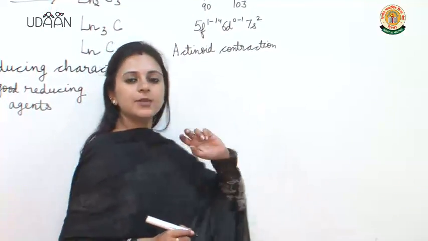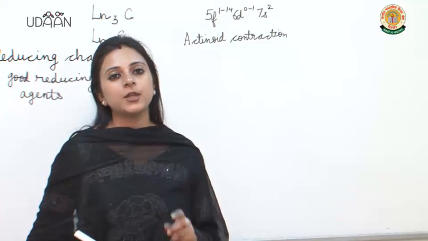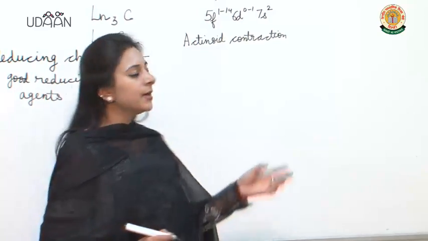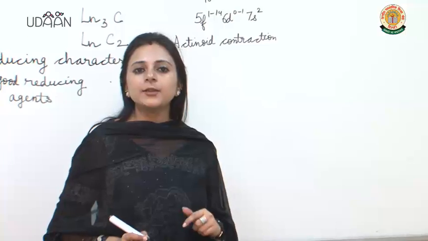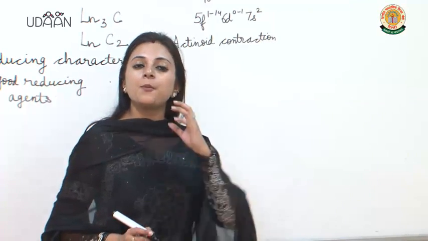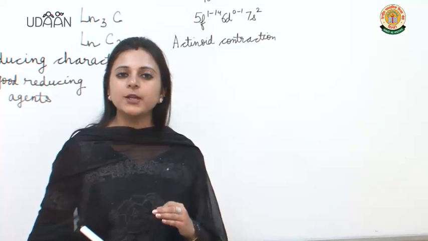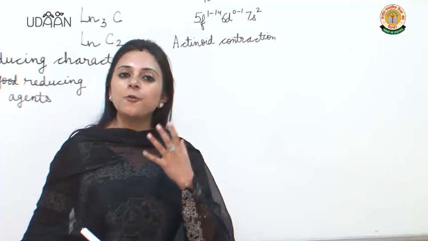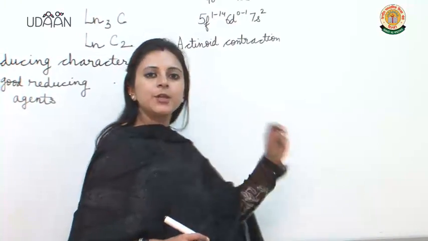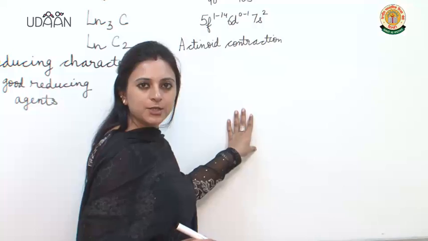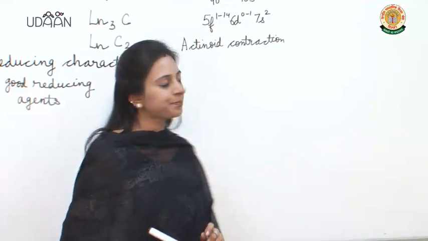Actinoid contraction takes place due to the poor shielding effect of 5f electrons, but the important point to be noted is that actinoid contraction is much greater than the lanthanoid contraction due to the much poorer shielding effect of 5f electrons. The shielding effect of 5f electrons is even poorer than 4f, due to which element to element actinoid contraction is much greater than the lanthanoid contraction.